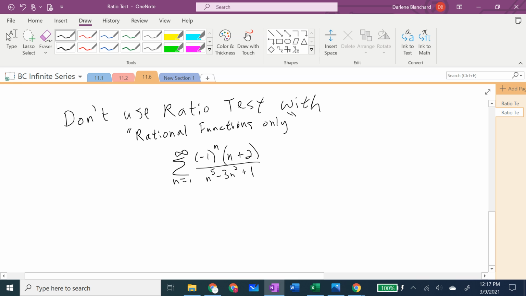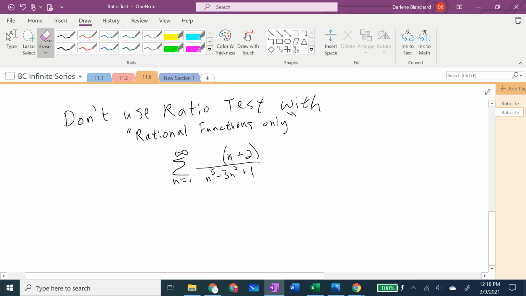If I take out that -1 to the n, do you see that that looks like a rational function? Polynomial over polynomial. Don't bother with the ratio test if all you have to offer are polynomials.